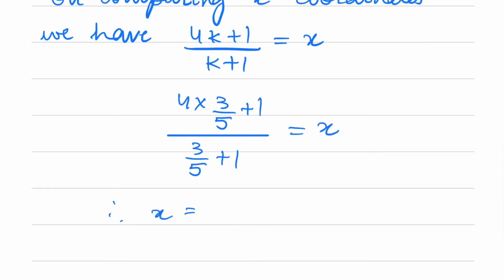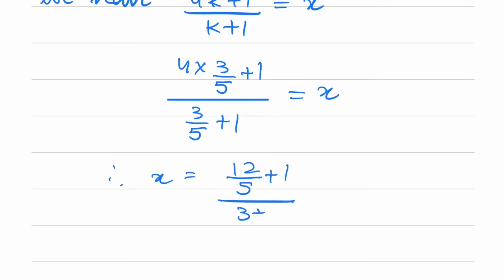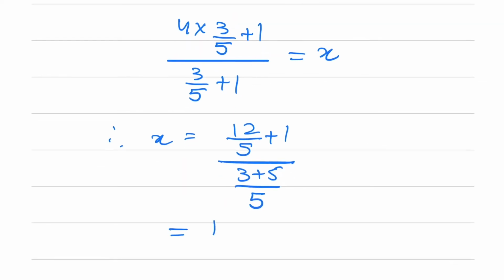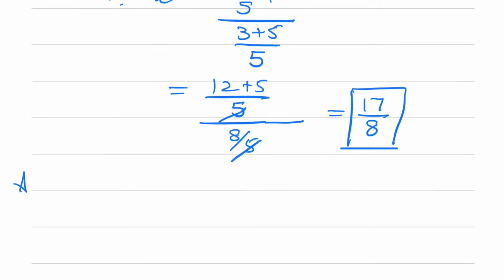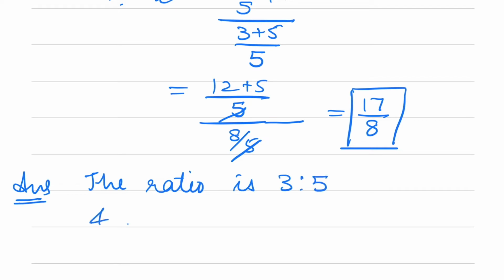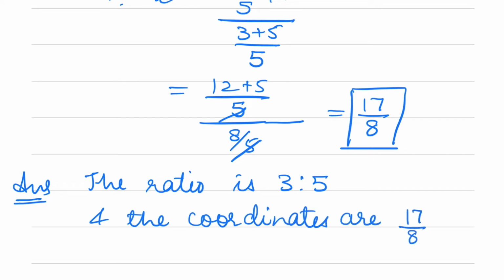Therefore, x is equal to (12 by 5 plus 1) divided by (3 plus 5 by 5), equal to (12 plus 5) by 5 over 8 by 5. 5 gets cancelled, so I get 17 by 8. Answer: the ratio is 3:5 and the coordinates are (17 by 8, 0).